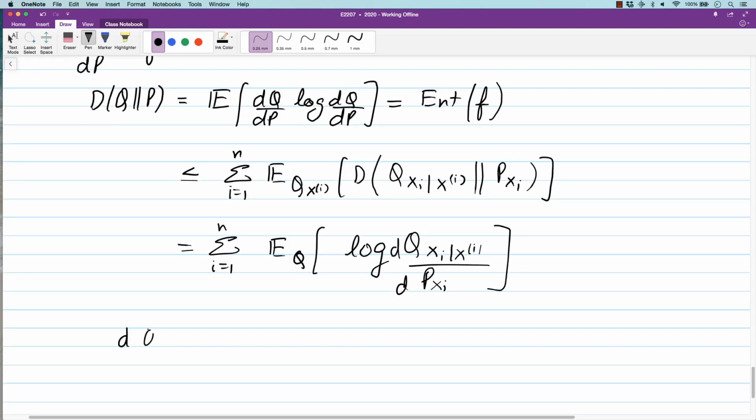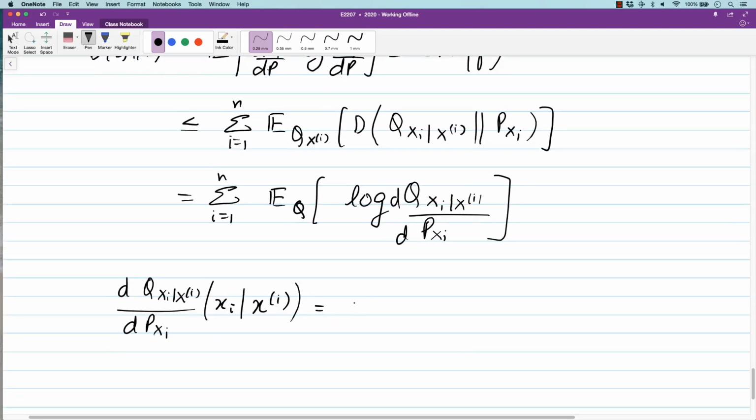So d q of x_i given x_{-i} by d p of x_i, and this random variable, we will look at it as a function of x_i, but of course we have conditioned it on all the past, so I'll use this notation of conditioning here. Okay, this guy here is equal to, you can verify this part maybe by using a discrete case.